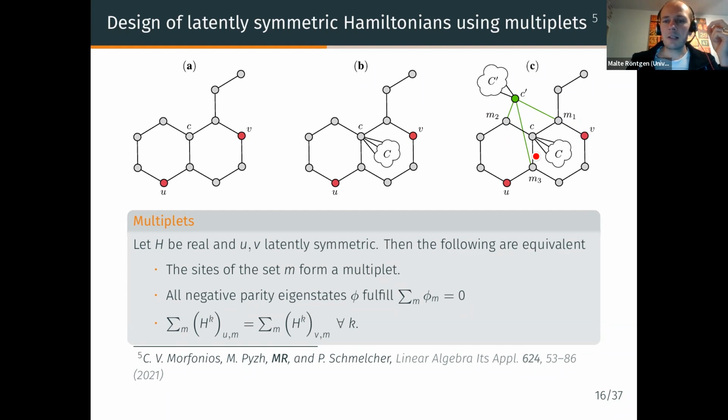So these 3 sides form a triplet, and this means that if we symmetrically connect a new side, C prime, to this triplet, the new side will become a singlet, and thus we can also connect an arbitrarily large subsystem to it without breaking latent symmetry.